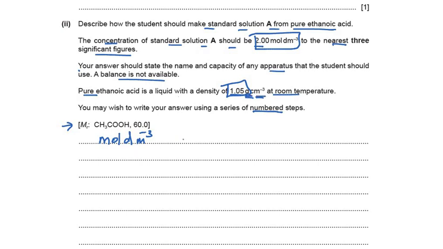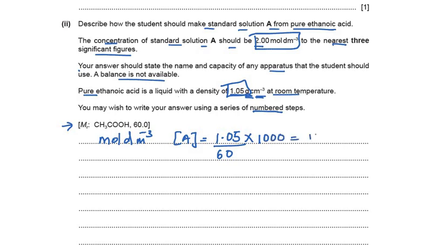For that, we take 1.05, that's the mass, and divide it by the molecular mass of ethanoic acid, that is 60, because mass divided by molecular mass gives us the moles. And to change per centimeter cube into dm³, we have to multiply it by 1000.